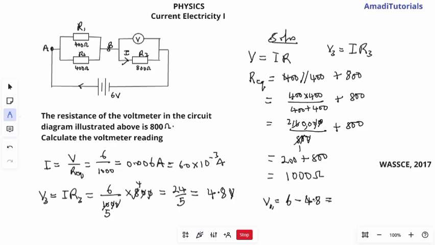So 6 minus 4.8 will give you 1.2 volts. So the voltage across this parallel connection will be 1.2 volts, while the voltage across the 800 will be 4.8 volts.